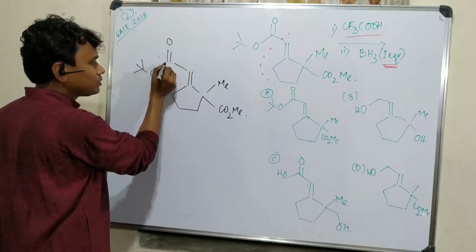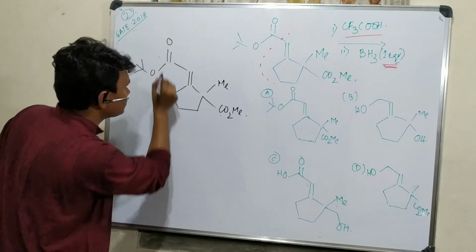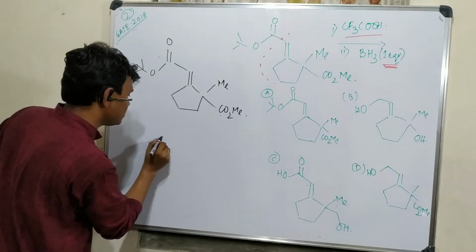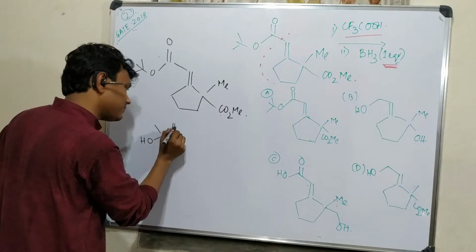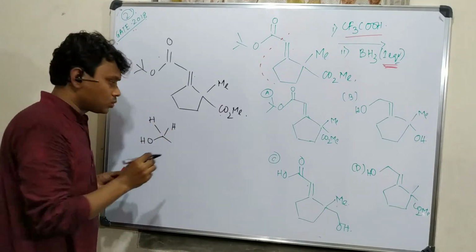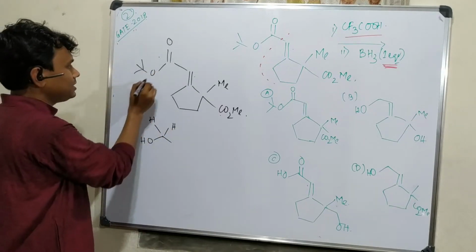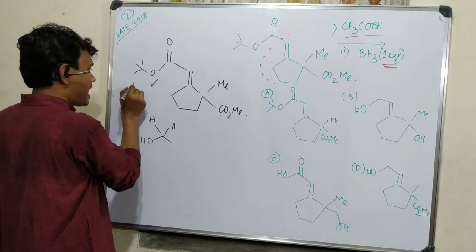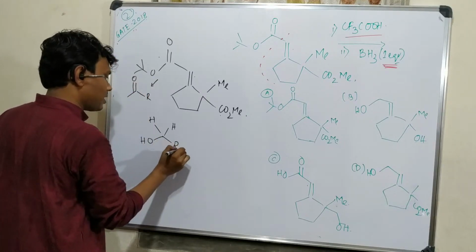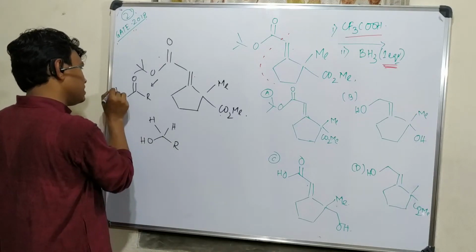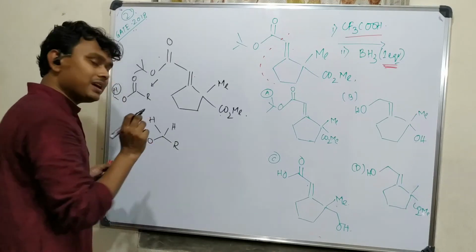This carboxyl is converting into OH. Okay, and how many hydrides have been taken? 2. And another thing, initially it first produced a carboxylic acid. So this is R, carboxylic acid. So it consumes 1 hydrogen.